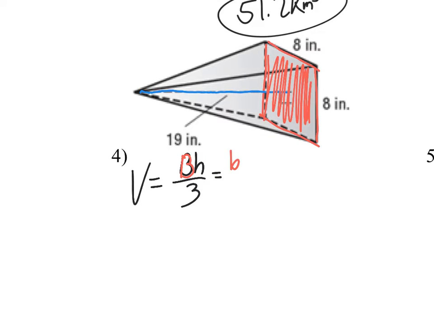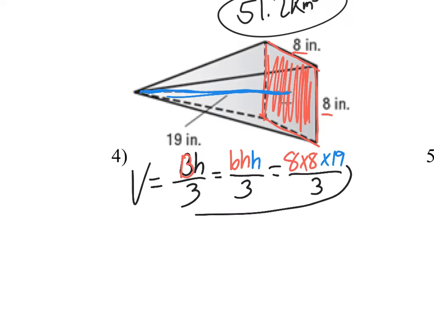That'll be base times height for that square times the height of our entire figure divided by 3. That square is going to be an 8 by 8 square. So we are going to do 8 times 8 times the height of the entire figure, which is 19. We will divide that by 3.